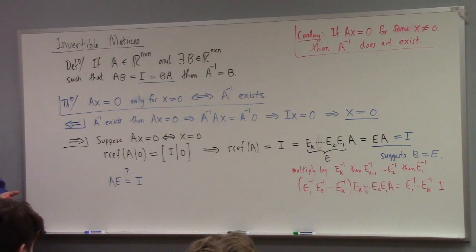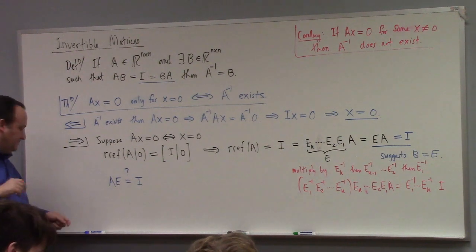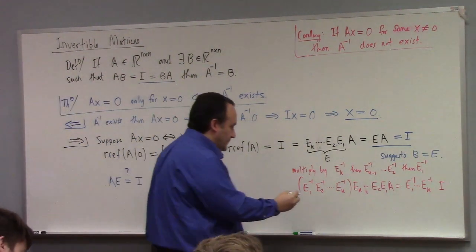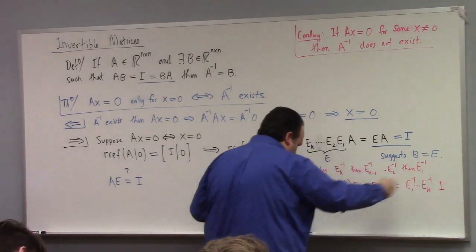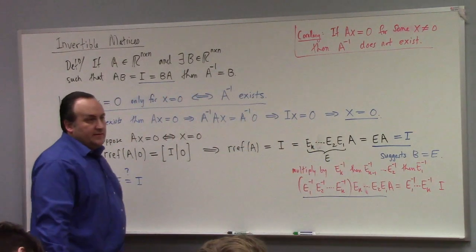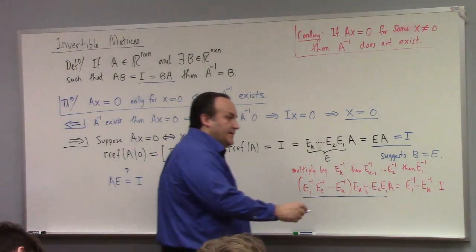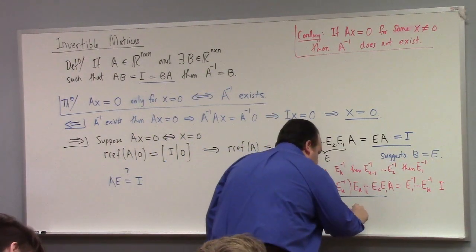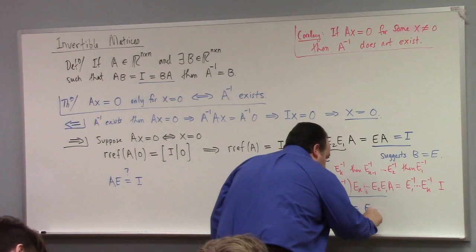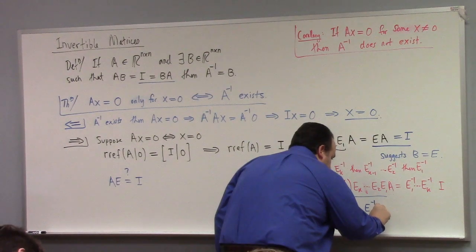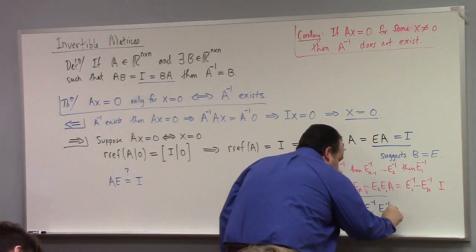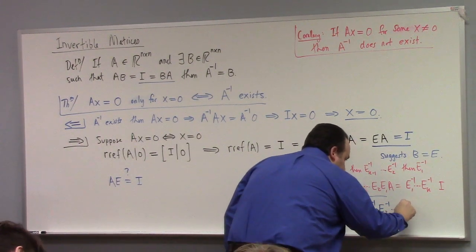But what happens to the product over here? It all just goes down to the identity matrix and gives you straight up a formula for A. A is in fact equal to E1 inverse, E2 inverse, dot, dot, dot, E_k inverse.